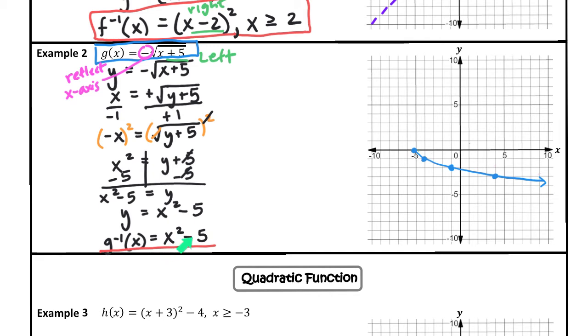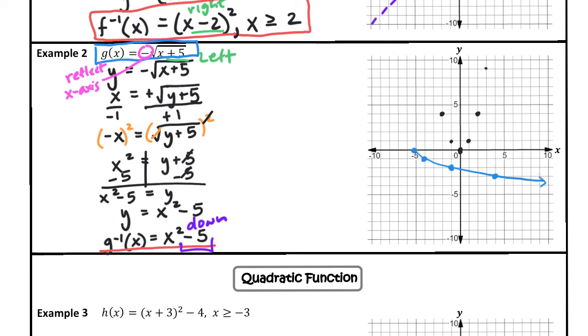Okay, now let's look at the inverse. It's a quadratic. X squared minus 5 is outside. So that means, remember from transformations, and again I'm going to write it on top, that we're going to go down 5 units. So if I graph the original, it's going to look something like that.